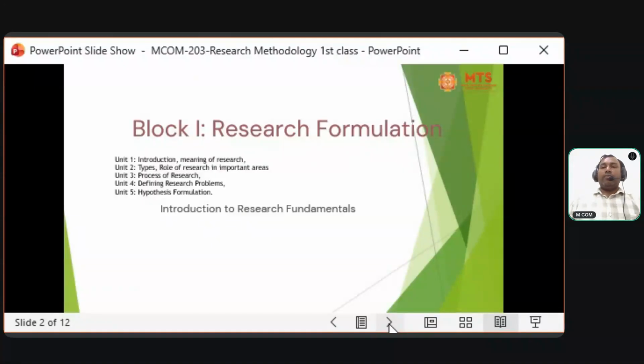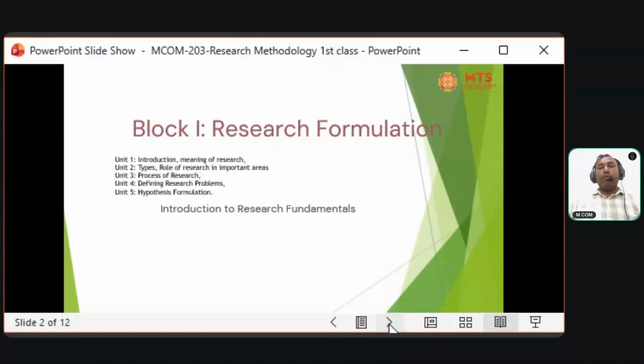So only within 5 classes we will complete the paper, complete the subject, research methodology. Today we will cover 5 units under this block 1. This is the research formulation unit under this block.